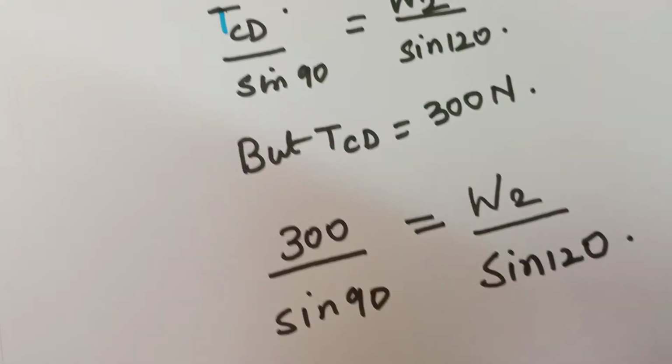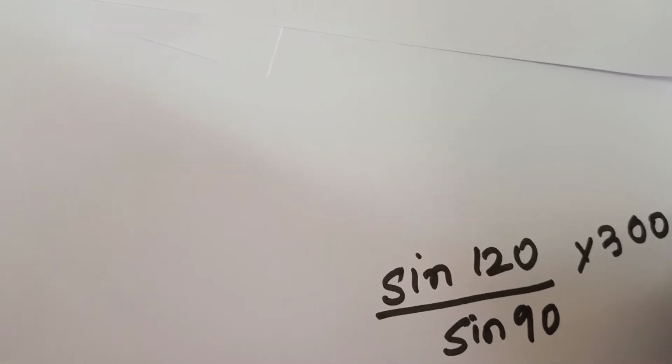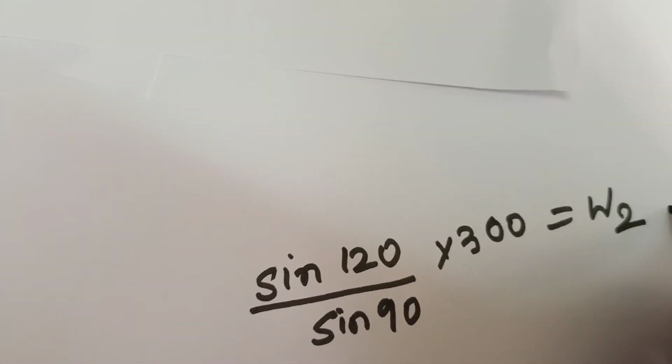Okay, so I can get the value of W2. Sine 120 upon sine 90 into 300 is equal to W2.